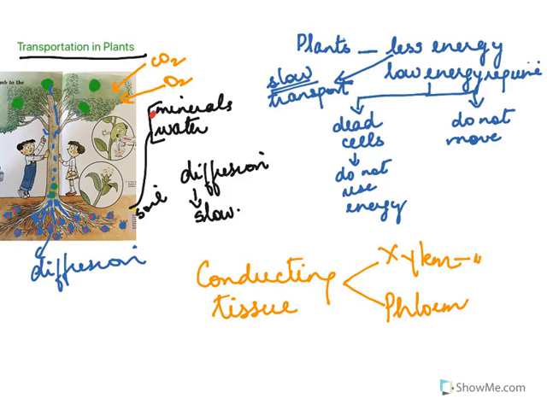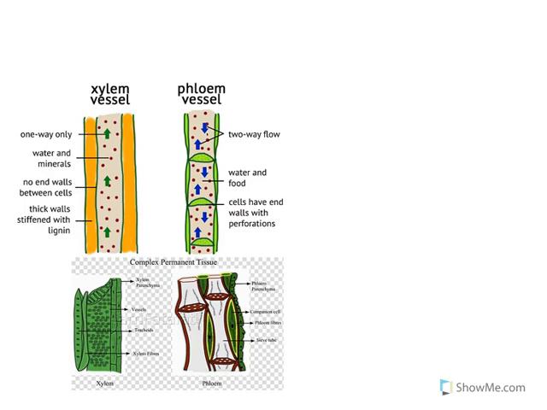The xylem carries water and minerals, while the phloem carries products of photosynthesis, or food. We'll just quickly go to the construction of this also. Before we do the transport in plants, let us learn about the tissues that are involved in the transportation in plants. This you learned last year.